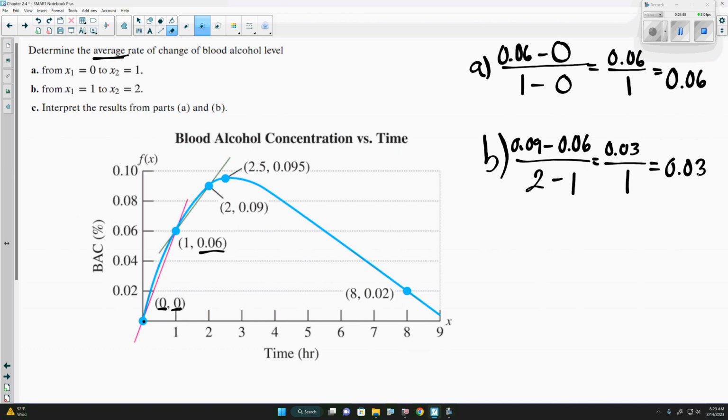So the average rate of change from 1 hour to 2 hours is 0.03. Interpret the results from parts A and B. Well, A has a higher rate of change than B. Questions on this here?